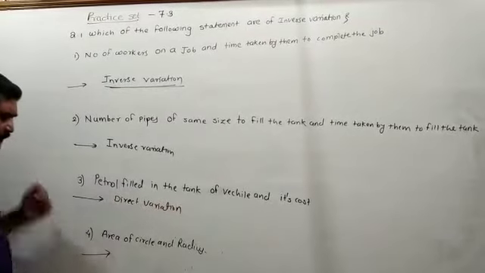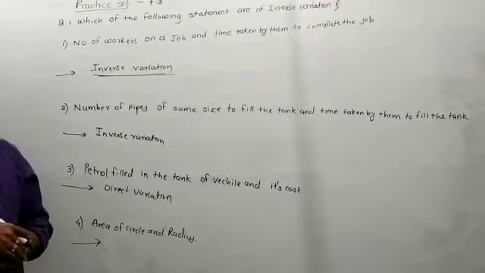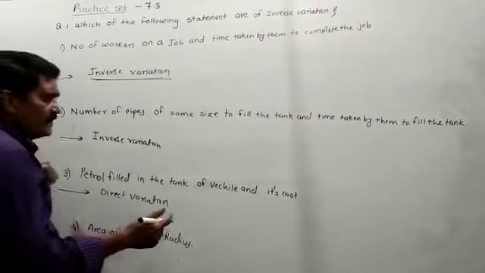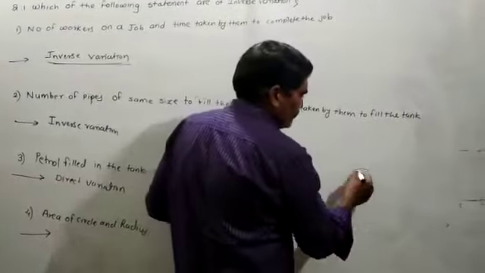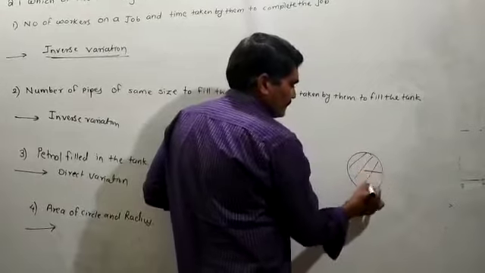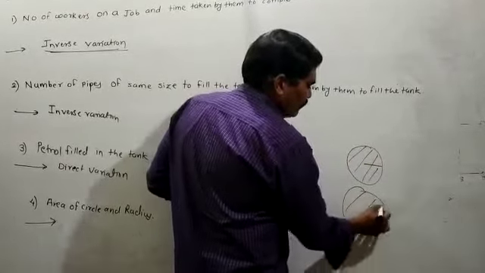And the last one is the area of the circle and the radius. If the radius is more, the area is more. If this is the circle, if the radius is less, the area is less. If the radius is more, the area is more.